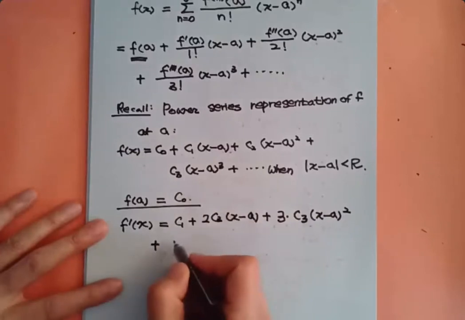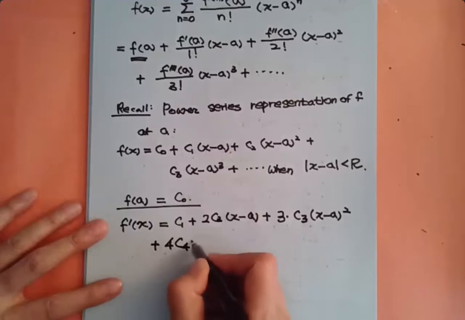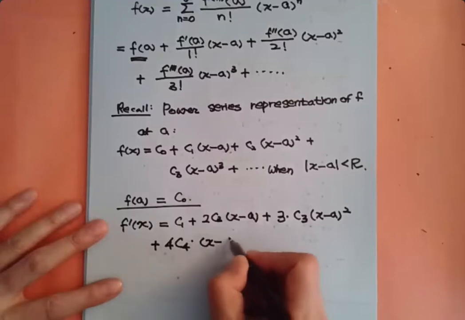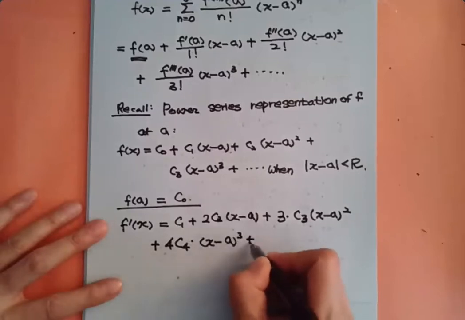We keep on going like that, then c4 times (x minus a) cubed, and so on.